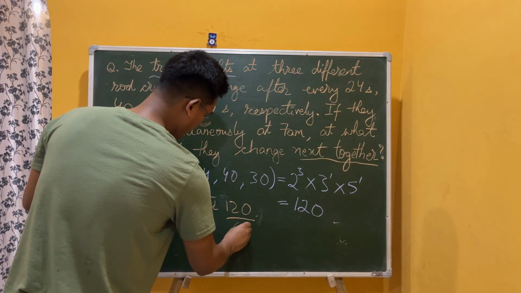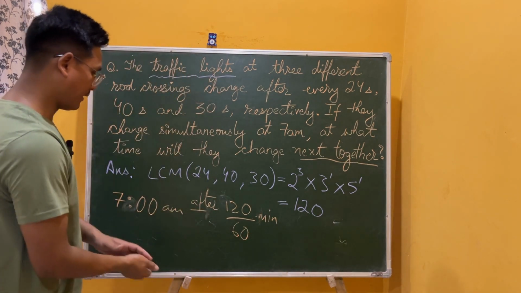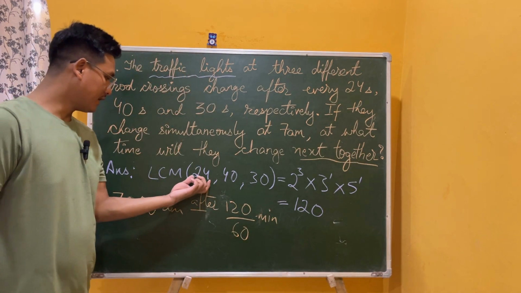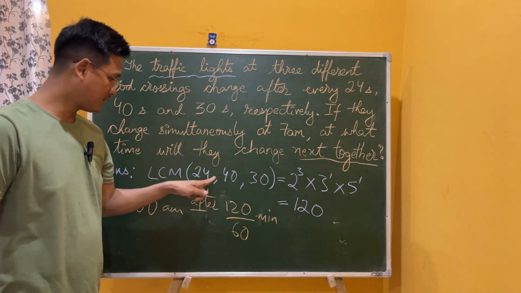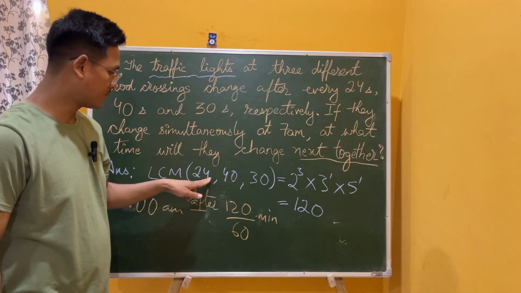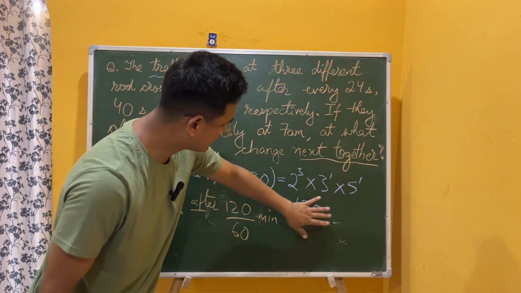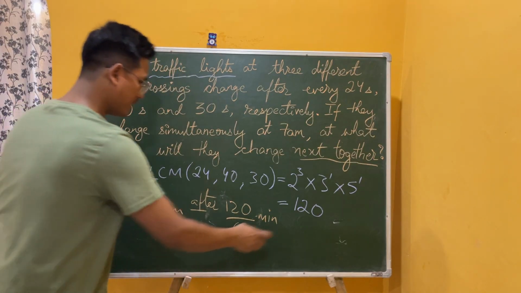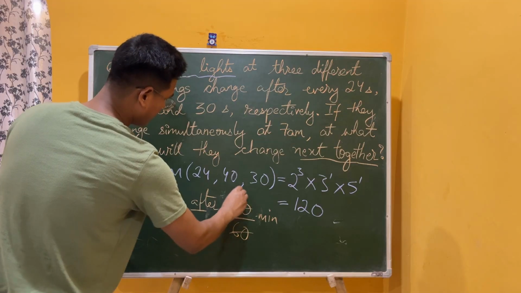If you convert into a minute, you'll have to divide by 60. And look at the thing. You're finding the LCM of these three numbers, and the unit of these three numbers is seconds. Each one is a second. So the answer that you get is also in seconds. That is why it is 120 seconds. So when you divide by 60, it is 2 minutes.